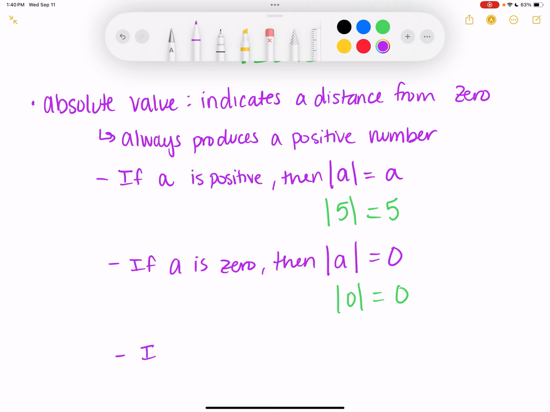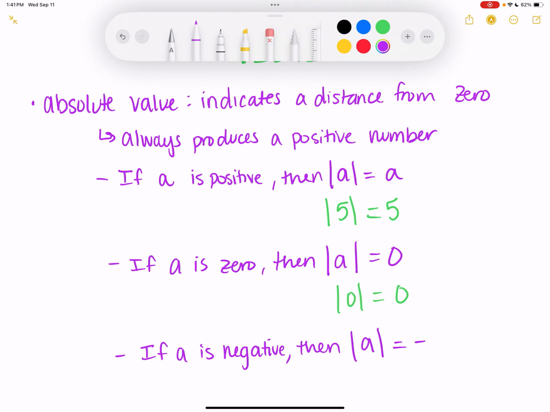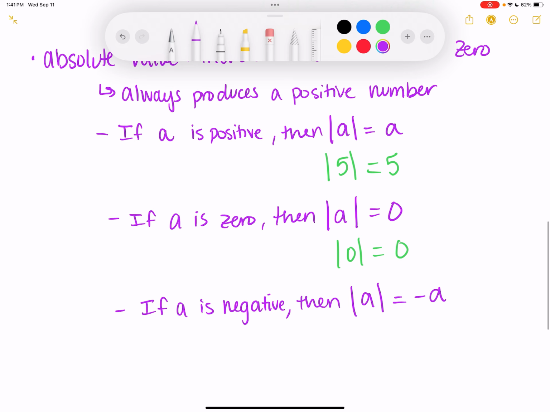Then if A is negative, then the absolute value of A is equal to negative A. Now that's written kind of weird, so I'm going to show you what it is with numbers because the way it's written is weird.